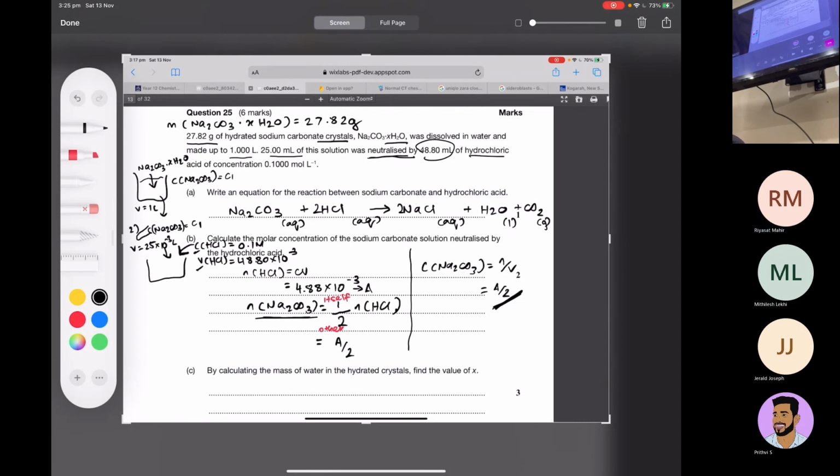What do you think? Break the tie. 25 milliliters or 1 liter, or what the other students have mentioned, which is 25 plus 48.8. I'm not sure now, honestly.